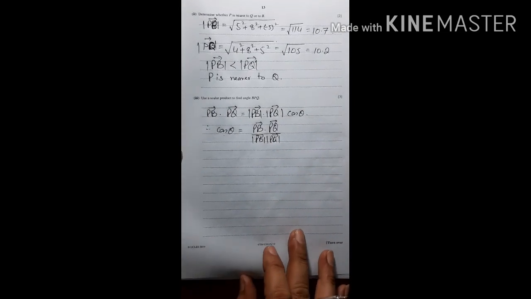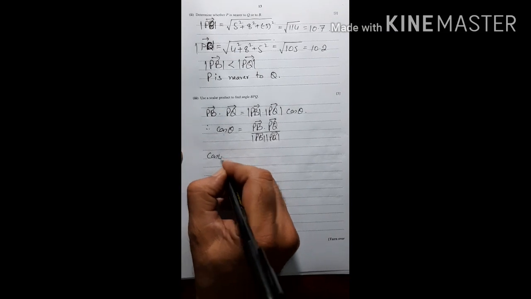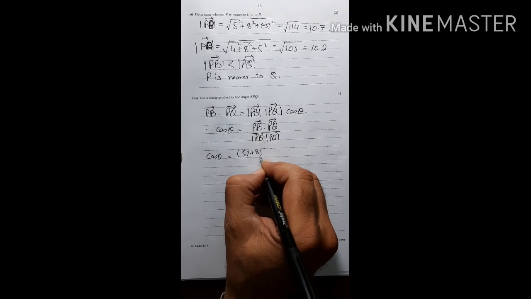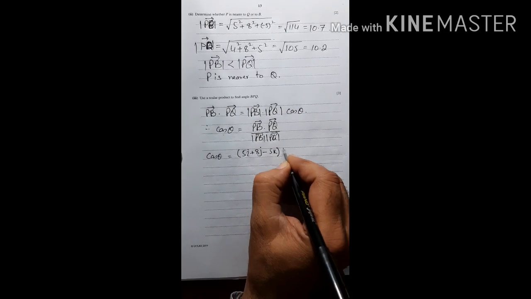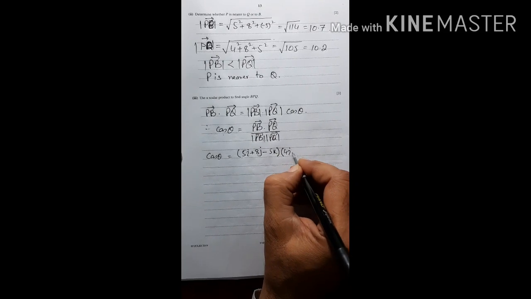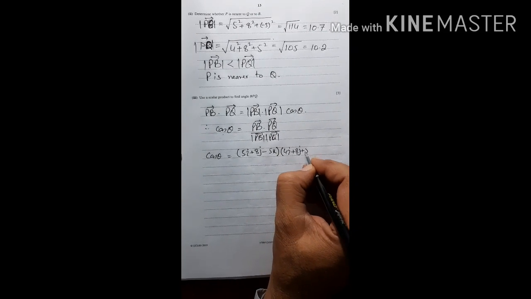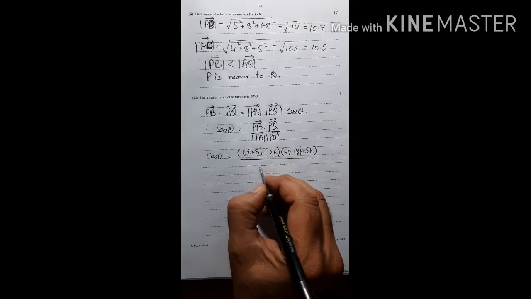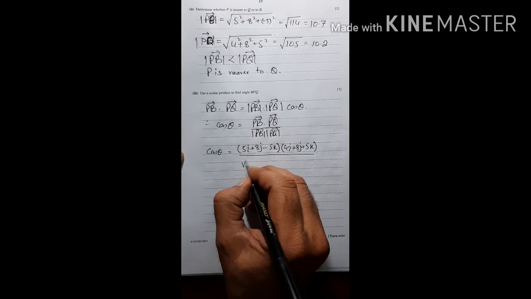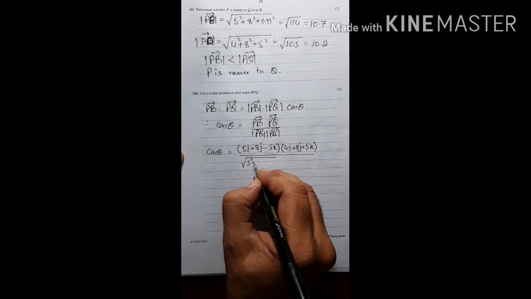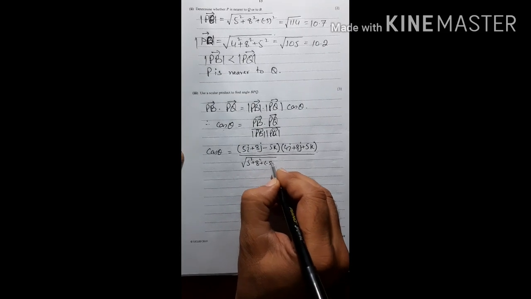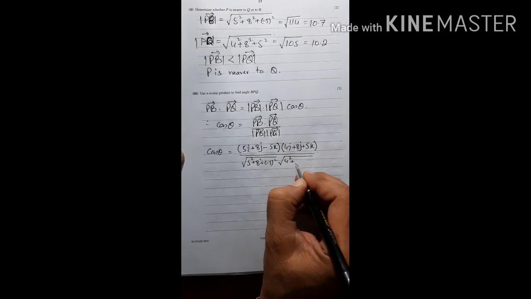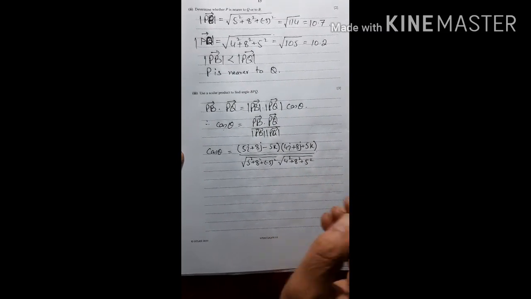So this will become cos theta, PB is 5i plus 8j minus 5k, and PQ is 4i plus 8j plus 5k, over the magnitudes, which are 5 square plus 8 square plus minus 5 square, into magnitude of PQ, which is 4 square plus 8 square plus 5 square.